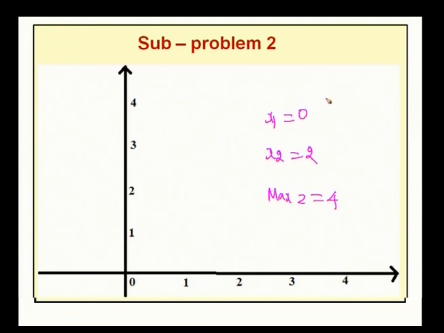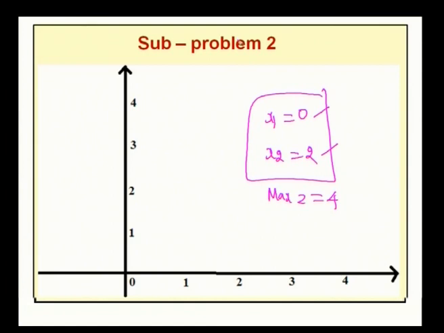For subproblem 2, the optimal solution is an integer solution: x1 takes 0, x2 takes 2, both are integers. Since the optimal solution is an integer solution, further branching of subproblem 2 is not needed.